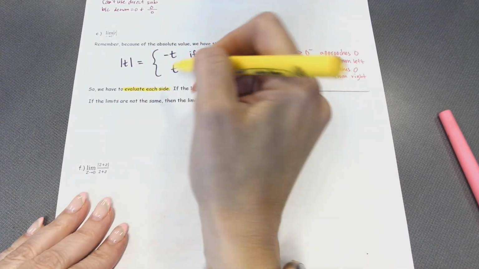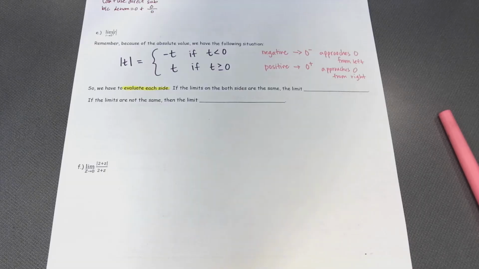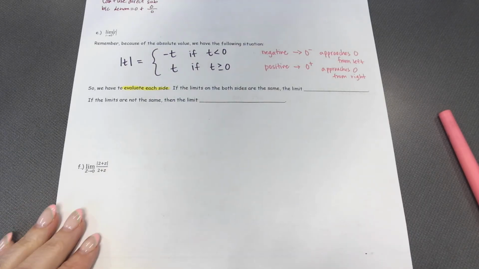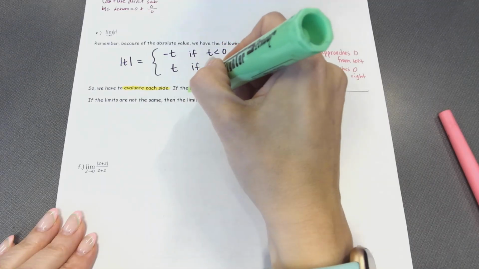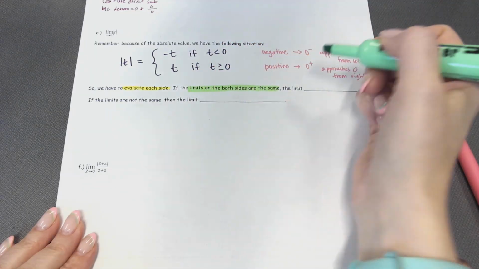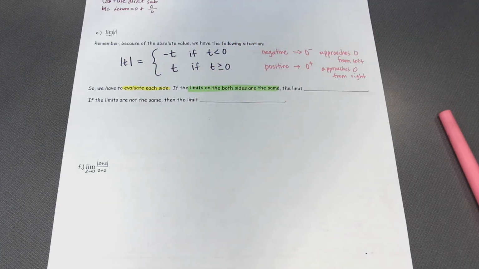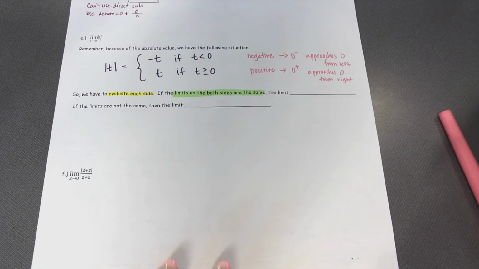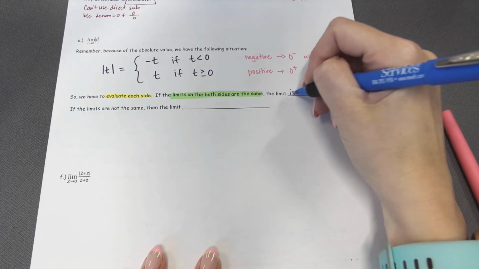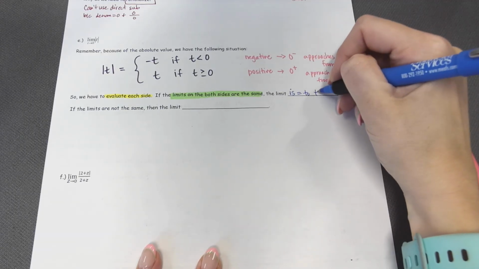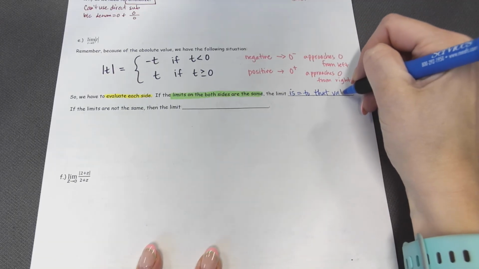Okay, and this is when you have the absolute value. And then as we recall from yesterday, if the limits on both sides are the same, that just means that the limit is equal to that value. Right?